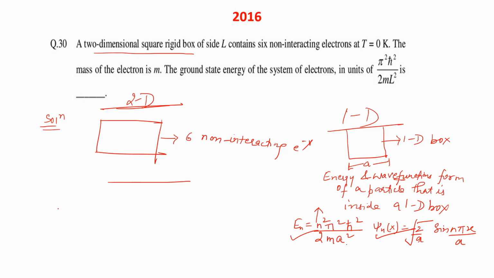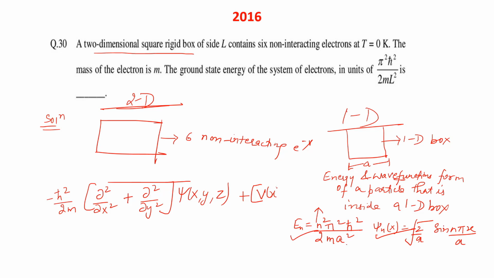So the general Schrodinger equation for this will be minus h cross square upon 2m, d2 psi by dx square plus d2 psi by dy square, psi x y, plus V psi xy equals E psi xy.